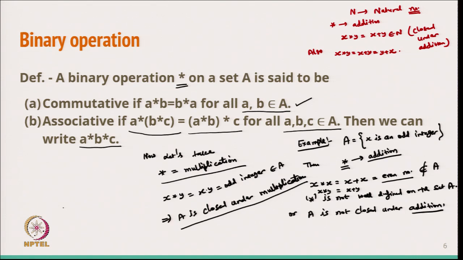So, it is y plus x, and this can be written as y star x. So, from here I can say that this is true for all elements x and y belonging to N. So, in this case I can say that this binary operation is a commutative operation.